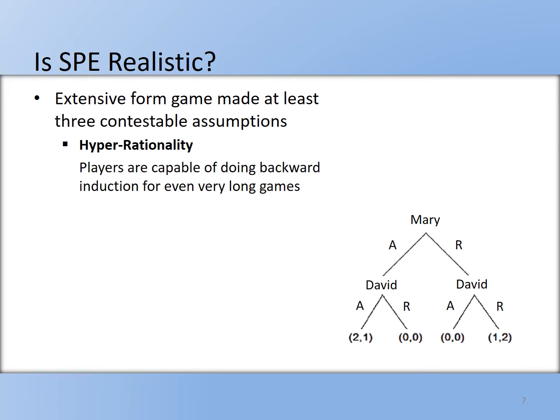But if you play chess, you understand that in terms of human capabilities, it's impossible for you to mentally play out the whole game in your mind. You might be able to do a few steps ahead, or for really good players, maybe a dozen steps. But it's probably impossible to think 100 steps ahead. You need to use some sort of heuristics, right? For games as simple as tic-tac-toe, maybe we can do it, but not for chess.